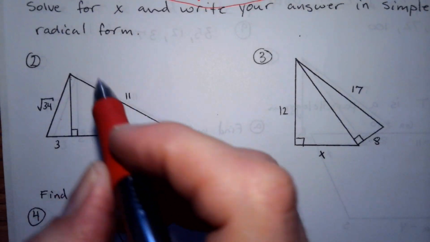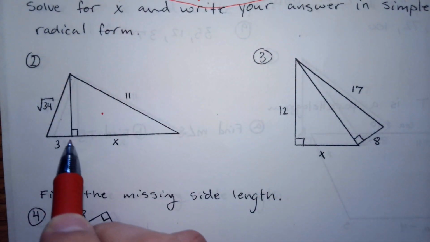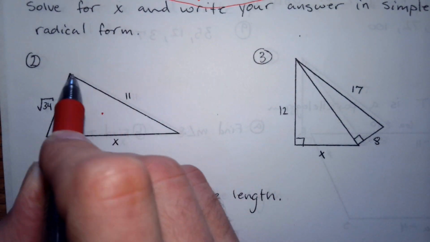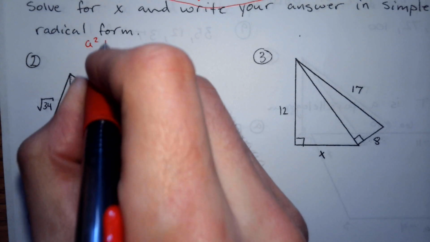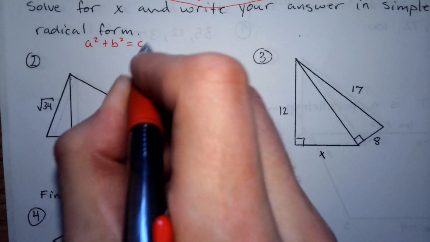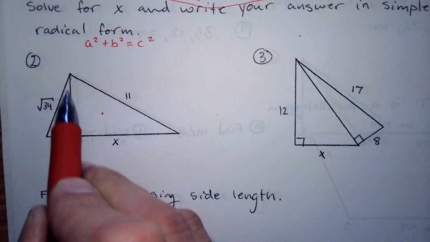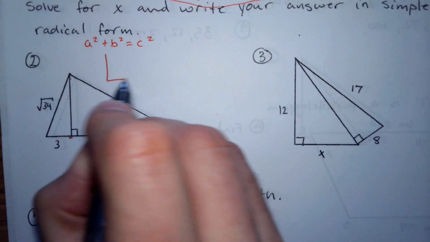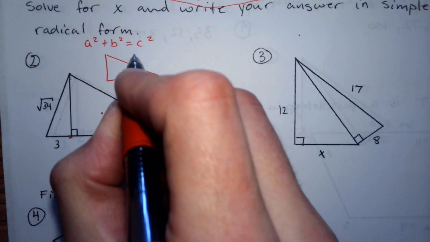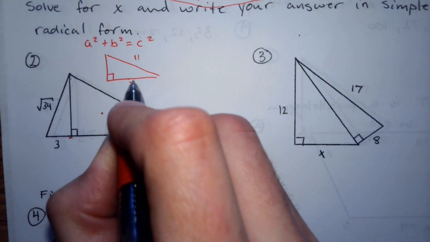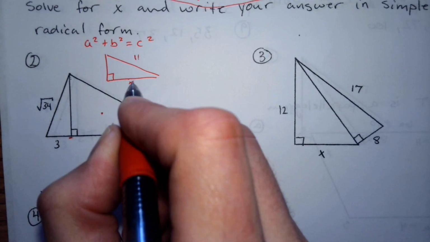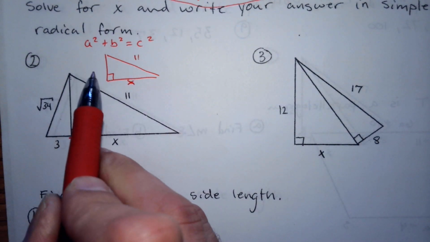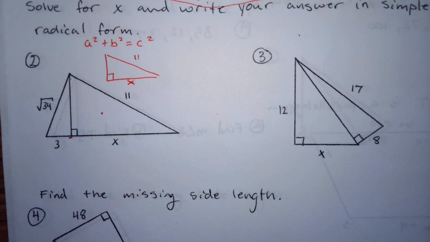So my first thought is, okay, this triangle, I can use Pythagorean Theorem. If I only knew this side, it makes this type of triangle. That would be x. But I need to know that side.